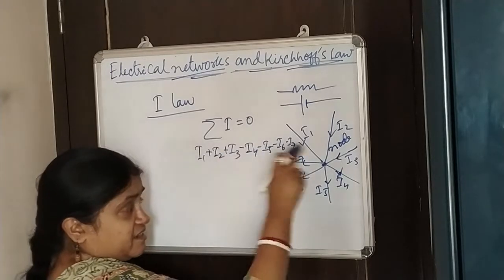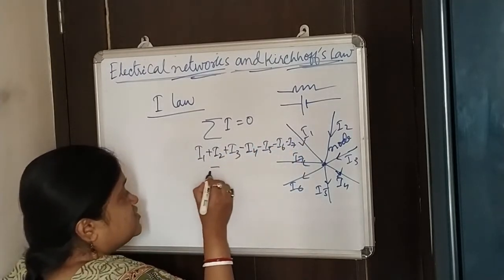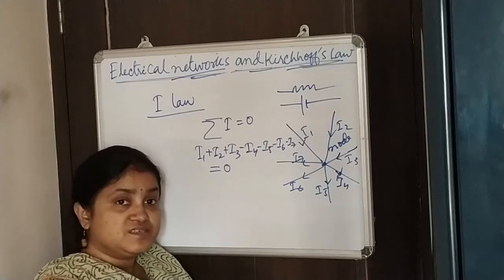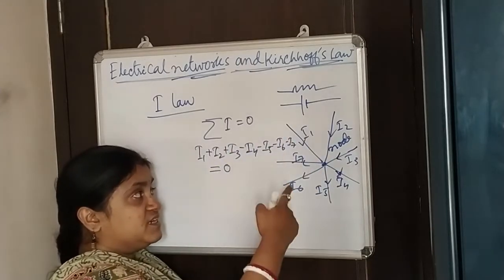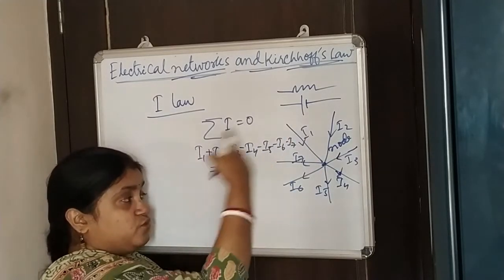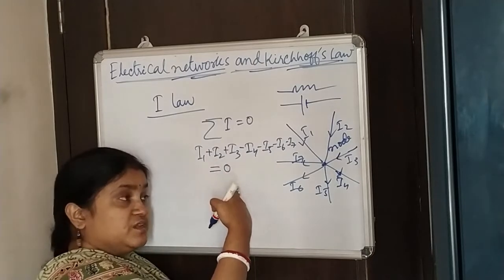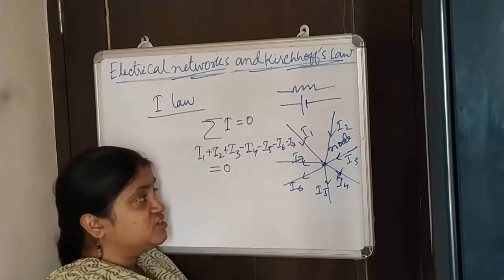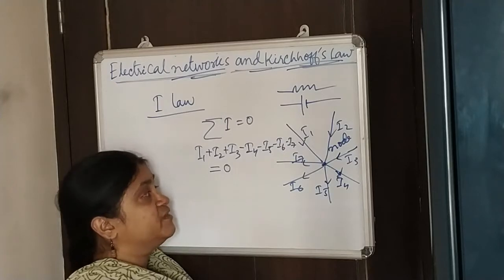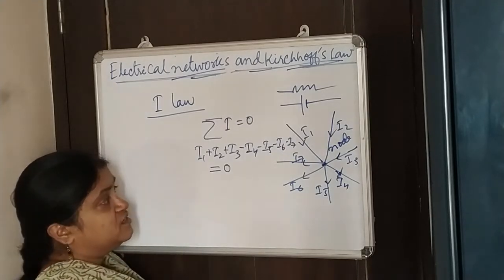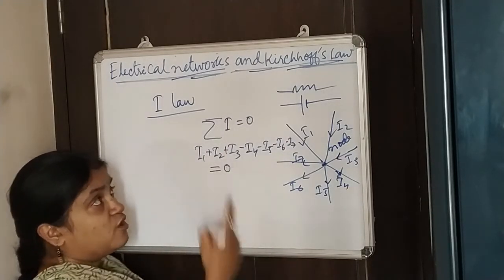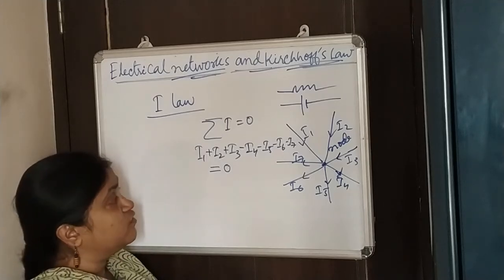When I sum all this, the total sum is going to be 0. If you add all the positive and negative currents at the junction, the summation will be 0. So this is the first law of Kirchhoff, the current law.